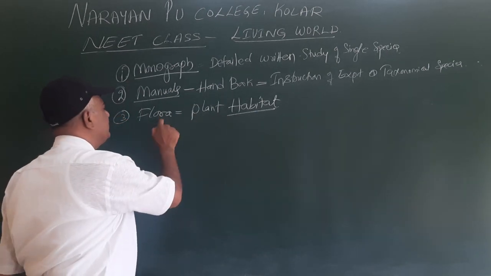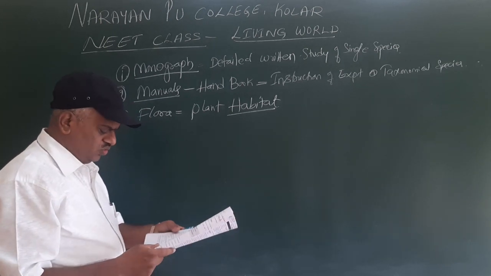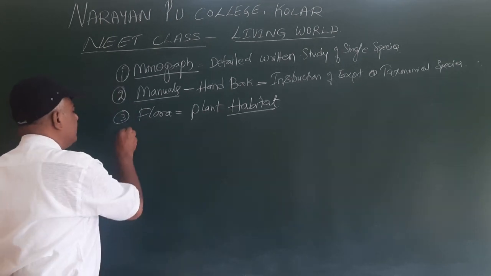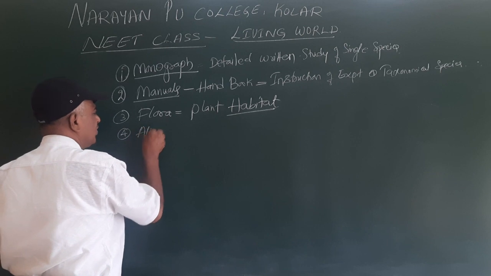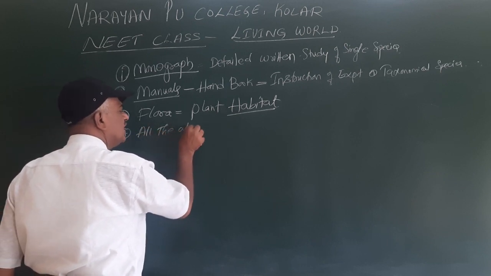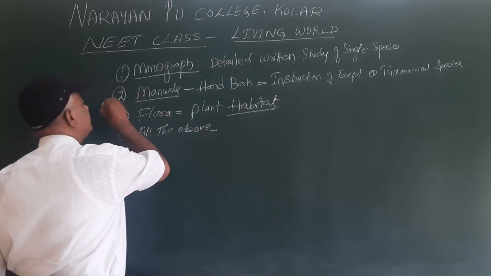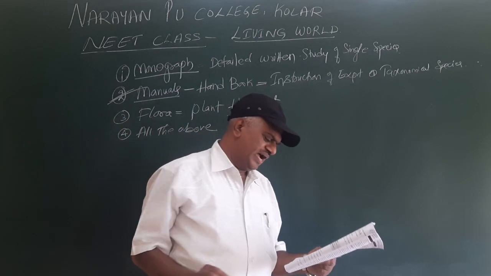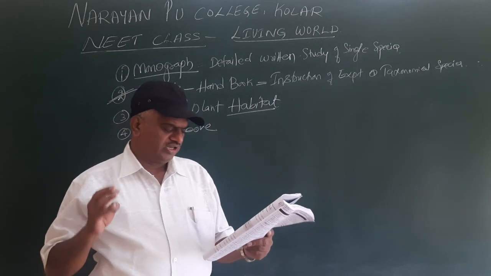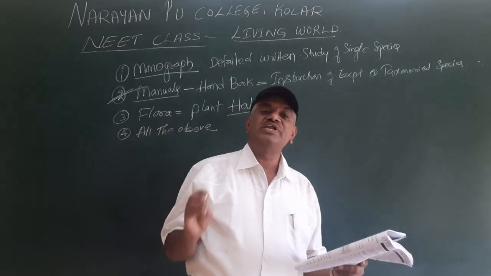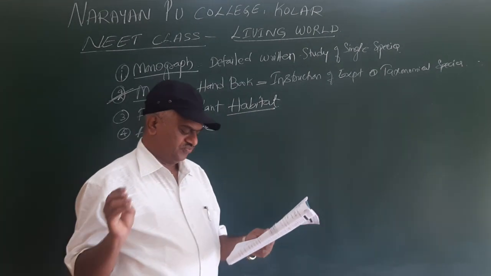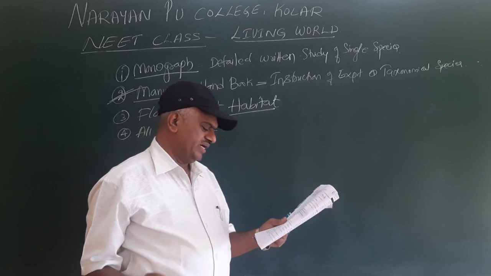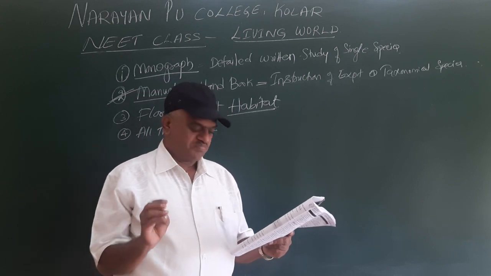This is called flora. Fourth option is all the above. So the right option is manuals. It is used for the identification of a name of a species found in a particular area. For that, the answer is manuals.